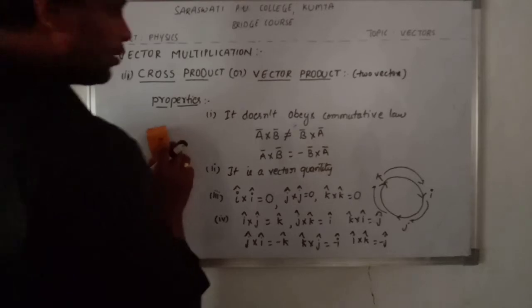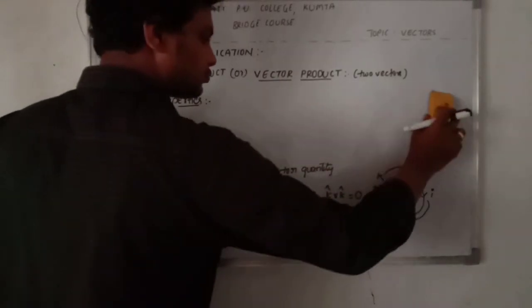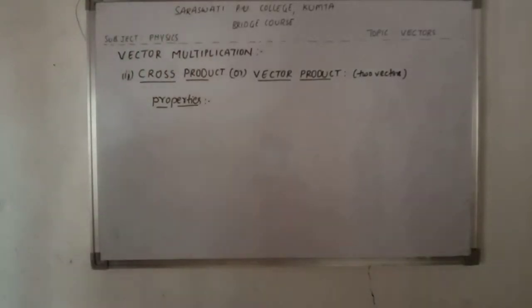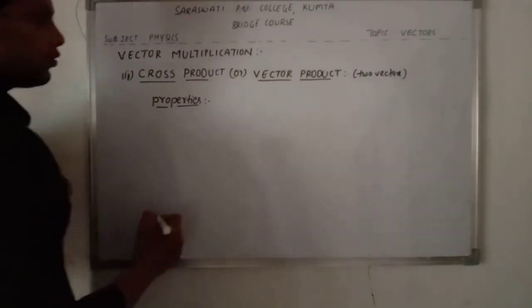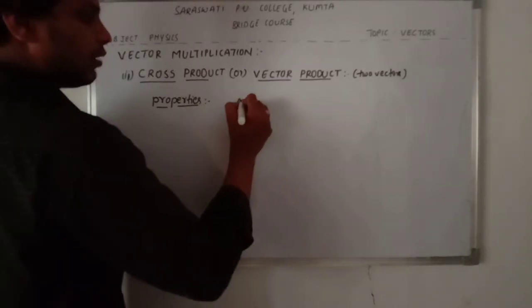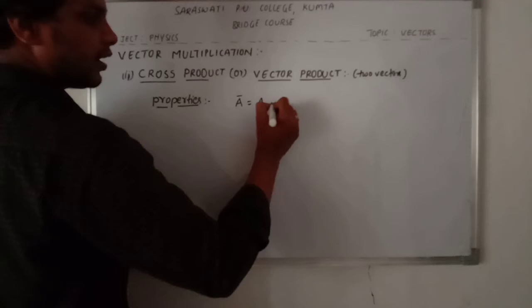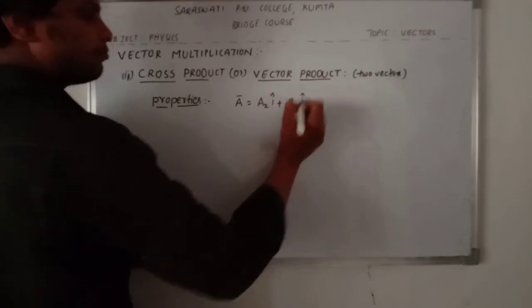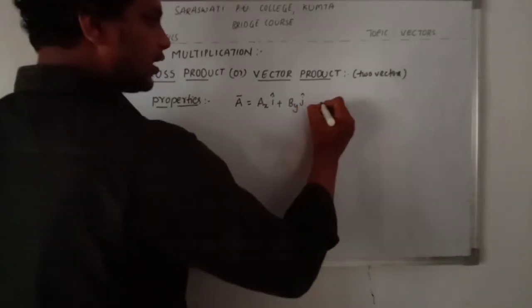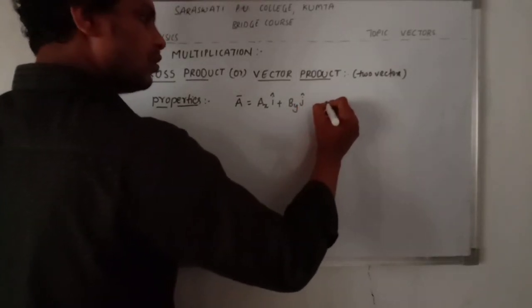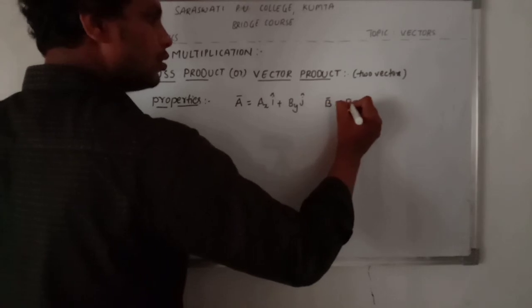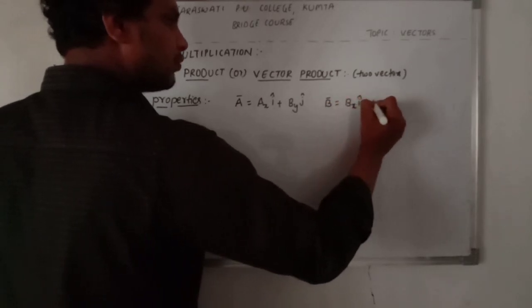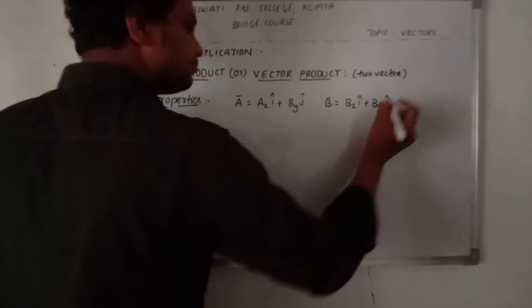Now the next property I am going to discuss is, if a bar is taken as ax i cap plus ay j cap, then I will take b bar as bx i cap plus by j cap.